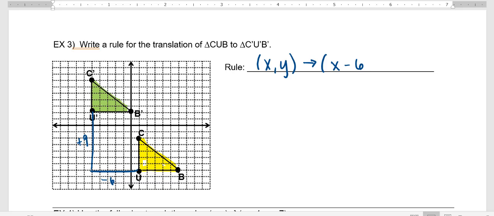I'm subtracting 6 from the x, I'm adding 9 to the y. Doing the same thing for my others, right? Going to the left, 6, and then up 9. And that is that beautiful translation.